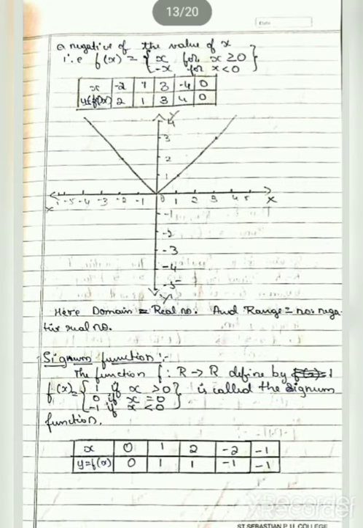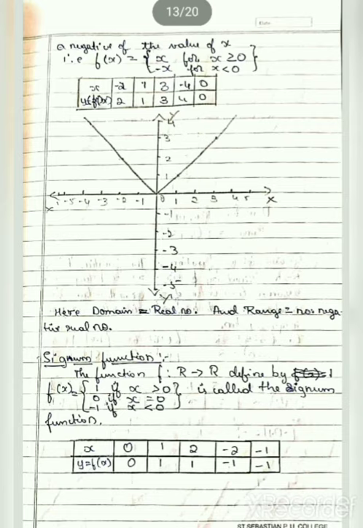If you plot the graph, or before that, if you write the function in other words, what will you get? f of x is equal to x if x is greater than or equal to 0, and it is minus x if x is less than 0.